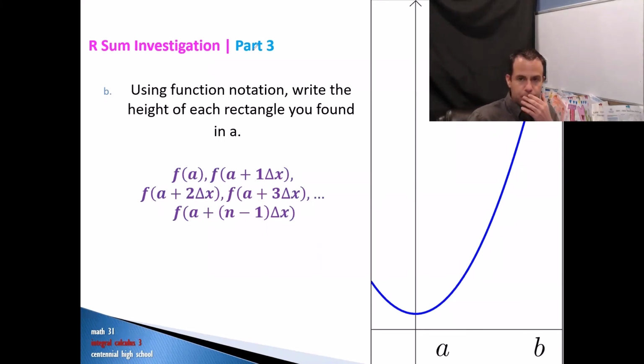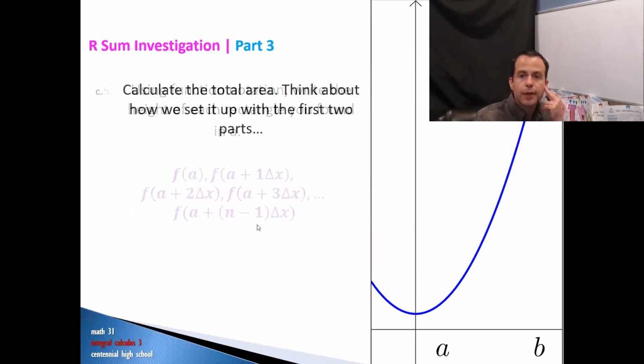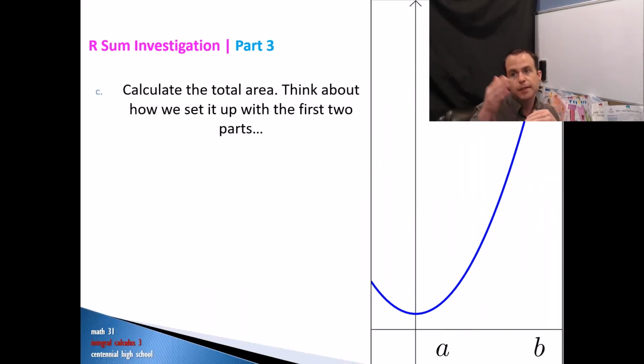So then, how do I get the total area? Well, all of the areas are base times height. So we have base times height plus the next base times height plus the next base times height, and so on, except that all the bases are the same, just like in the first example. All the bases were 1, so we factored out a 1.